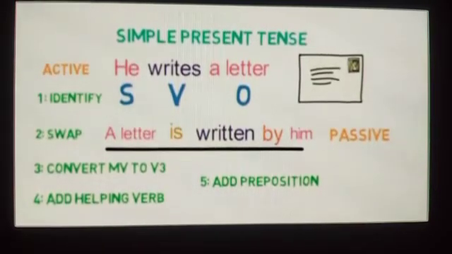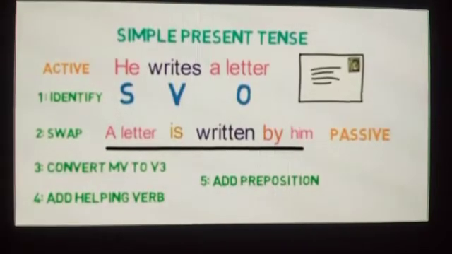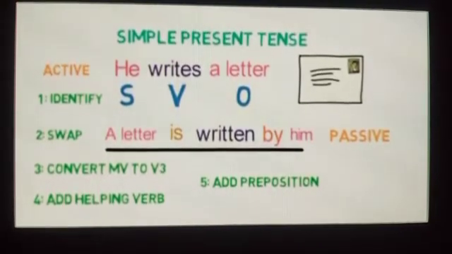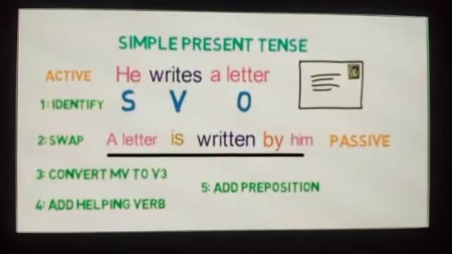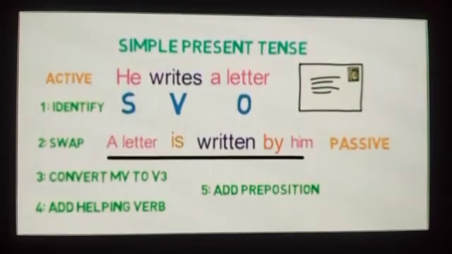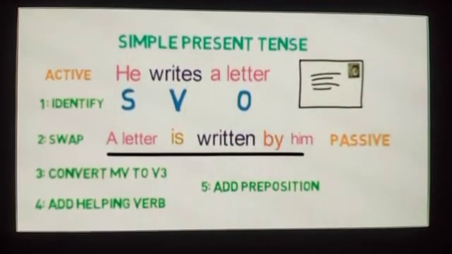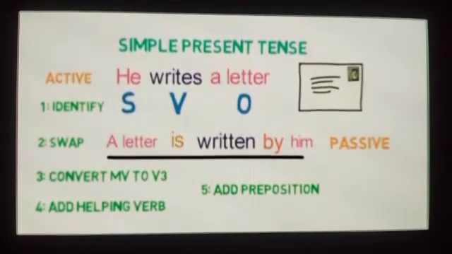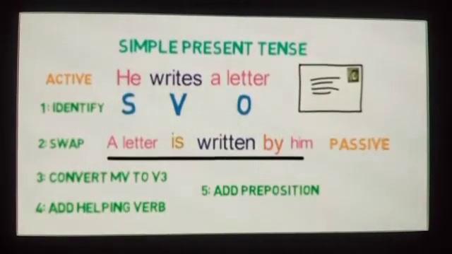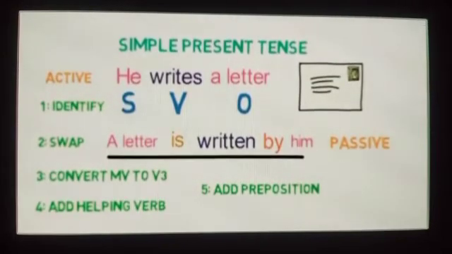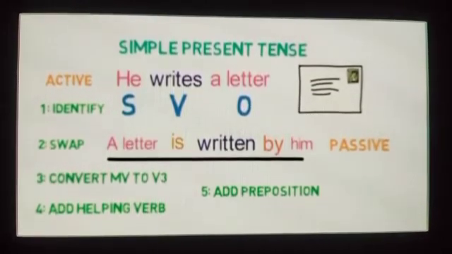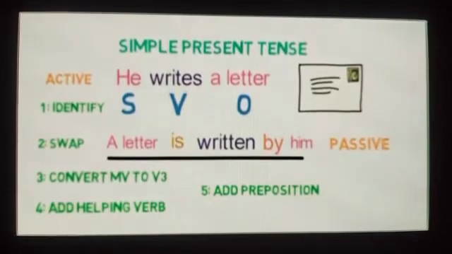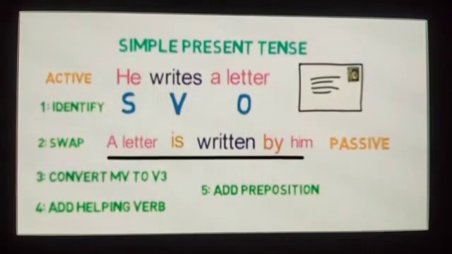So just to give the sentence a complete sense, I have used here by. You can see here that I have not changed the meaning of the sentence in passive voice. In active voice, he writes a letter, and in passive voice, a letter is written by him. It means only he is doing the action. So by is telling us about the subject, that in passive voice only the subject is doing the action.